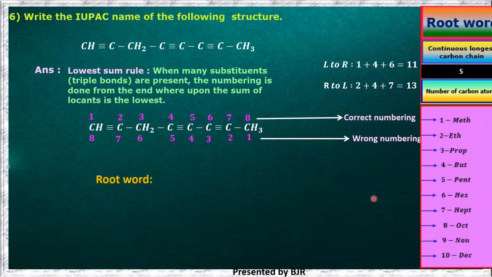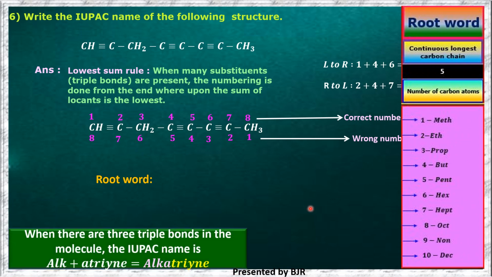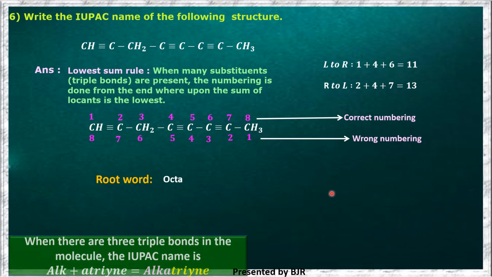Root word. In this, 8 carbon atoms are there. Just now we have seen, when there are 3 triple bonds in the molecule, the IUPAC name is alk plus ethyne, that is alkyne. So it is octa.